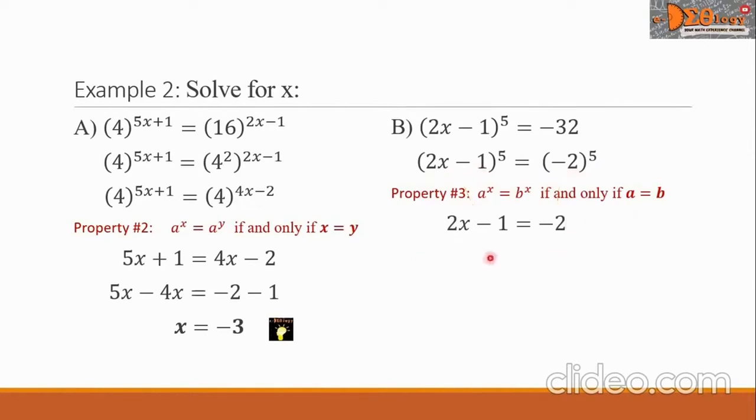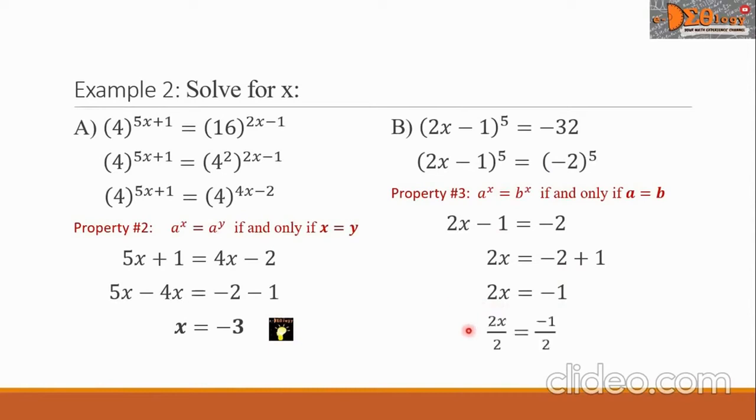And from here, we're going to solve for x. The negative 1, we will transpose on the right side. It becomes plus 1. And then we will simplify further. The negative 2 plus 1 is negative 1. We will divide this equation by the coefficient of x, which is 2.